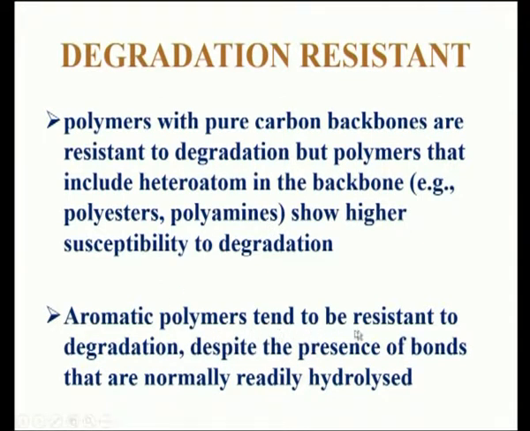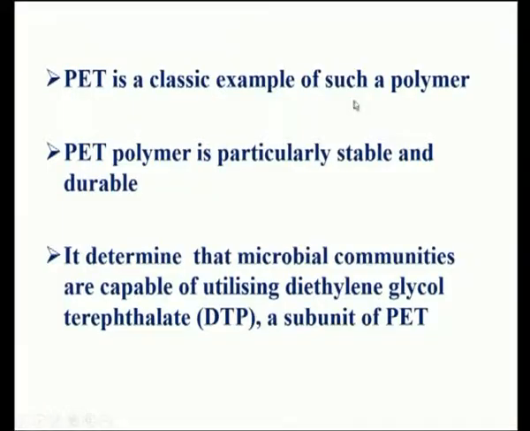Aromatic polymers tend to be resistant to degradation again, despite the presence of bonds that are normally readily hydrolyzed. So, these bonds may not be hydrolyzed easily, because it is a carbon-carbon bond, it is very difficult to degrade under normal conditions. PET is the classic example of such a polymer.